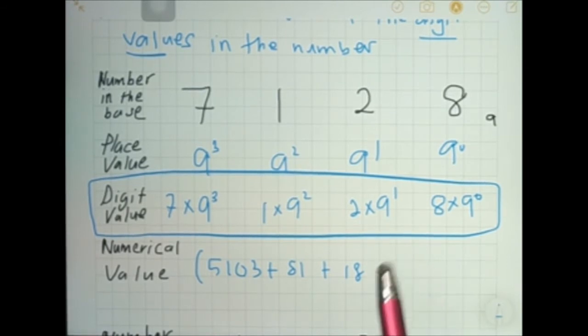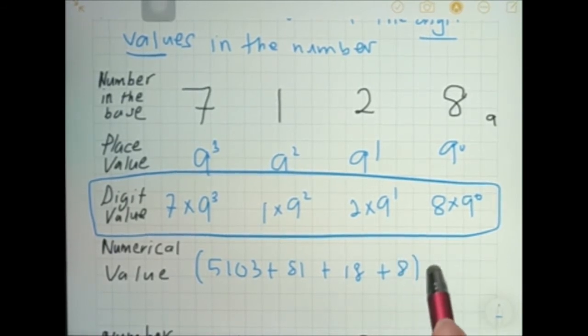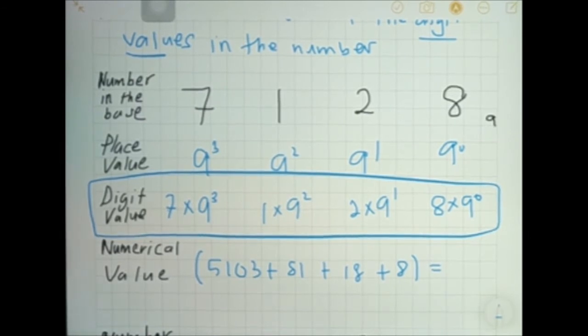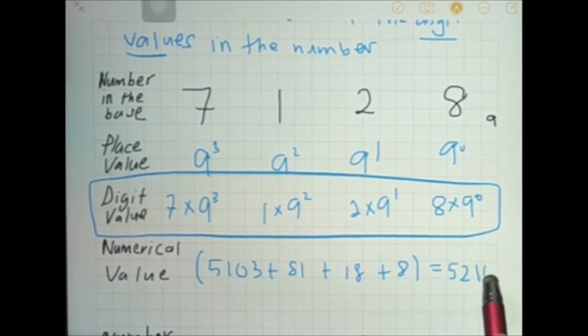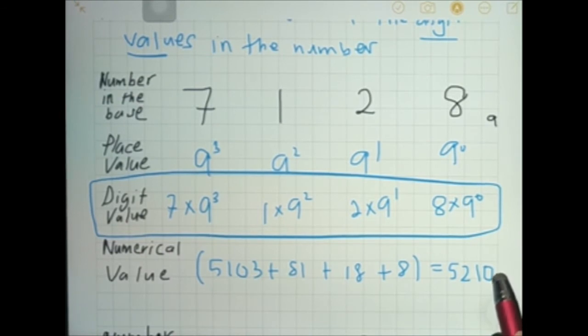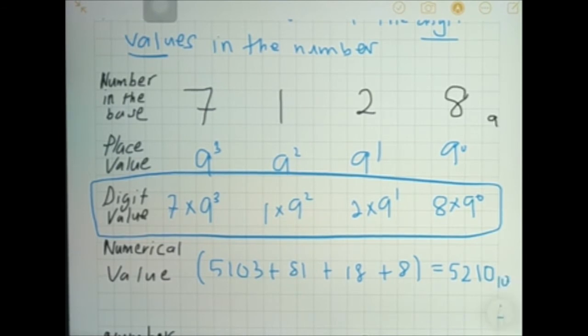So 8 times 1 is 8. Add all of these up and we get 5,210 base 10. But we don't need to write the base 10.